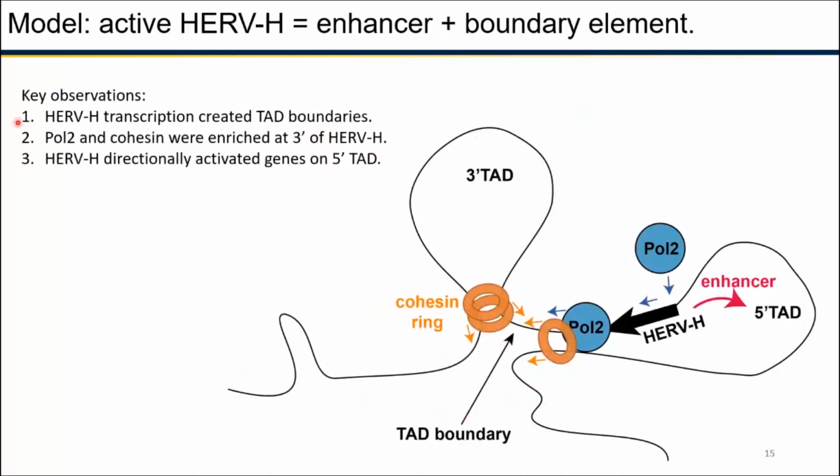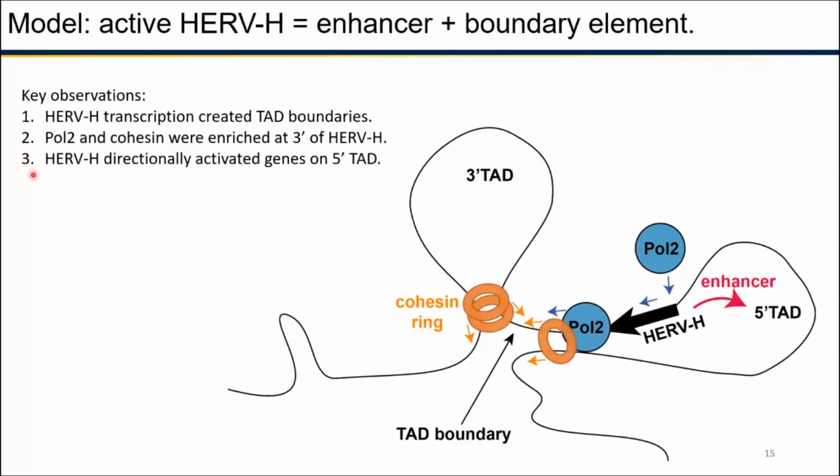First, we found HERV-H transcription can create TAD boundaries, and Pol2 and cohesin were found to be enriched at the 3' end of HERV-H. And we also saw that HERV-H can directionally activate genes on its 5' domain.